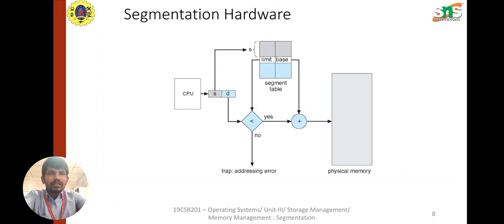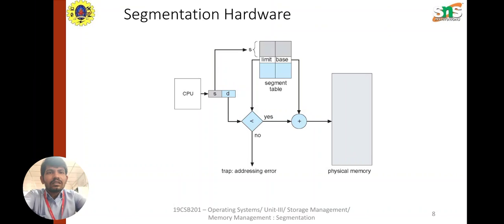Now you can see the segmentation hardware in the following diagram. We have a CPU and physical memory. Between the CPU and physical memory, we have a segment table and a trap. When a program is executed on the CPU, the address is first sent to the segment table. The segment table holds the limit and base address. If the offset is less than the limit, the base address is added and the result is sent to the physical address.